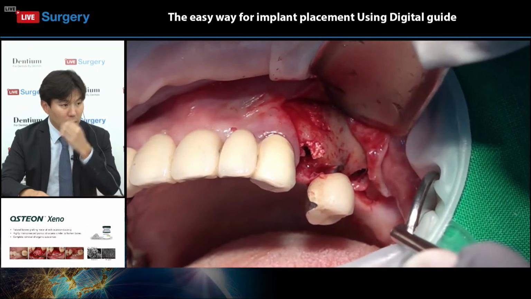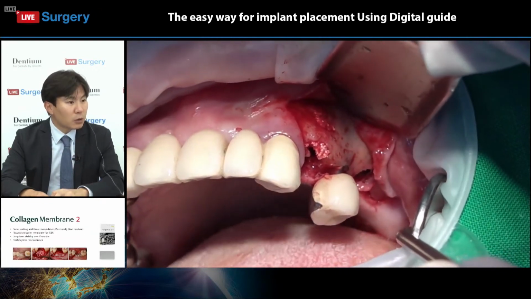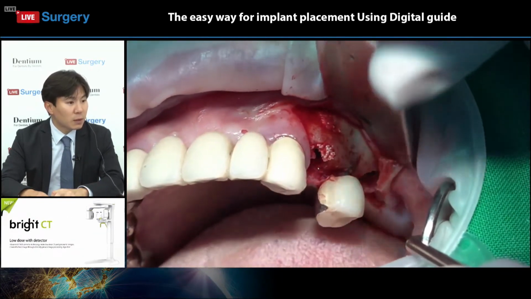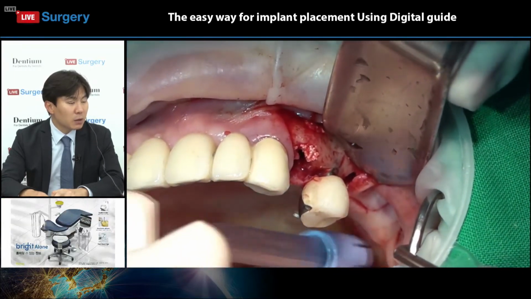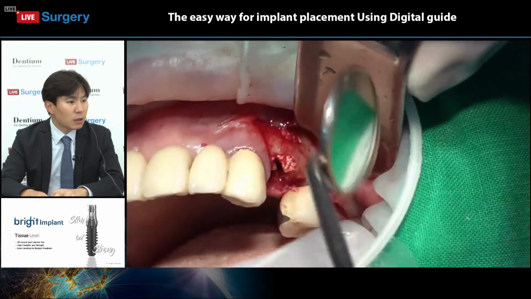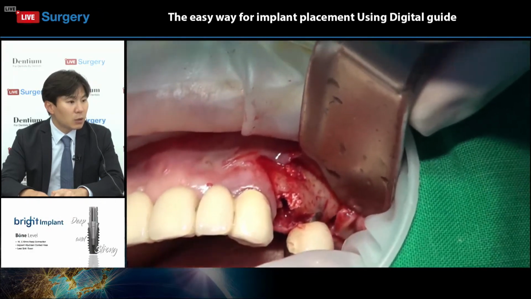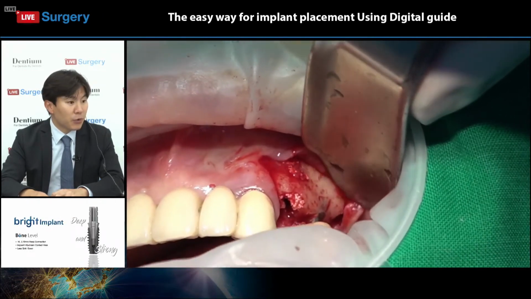And for the 24 area, the bone material should be protected by the membrane. I think he is going to use the membrane.